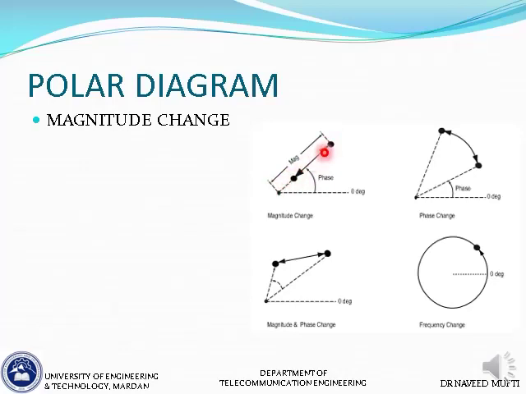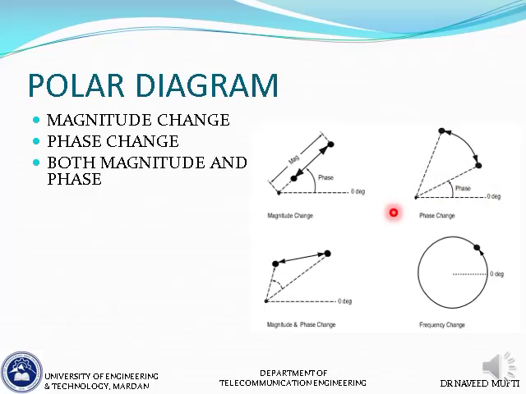So in AM, the vector will be growing and shrinking, representing amplitude modulation. When we have phase modulation, the amplitude is fixed but the phase angle is changing, either decreasing or increasing. So the phase is changing while the amplitude is constant.